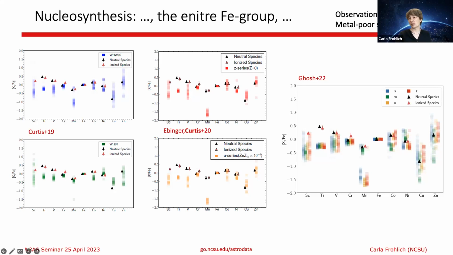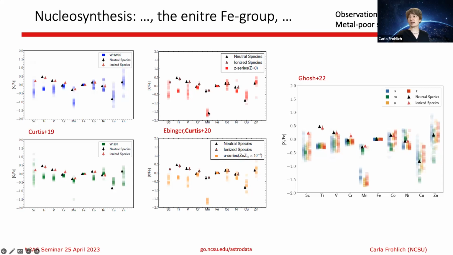So in all of these plots, the left four are DD2 equation of state simulations. The one on the right is SFHO equation of state. The triangles in all these plots are observations. And the squares, each square is one of our simulations. And they're translucent such that if they had all given the same value, for example, like iron that we normalize to, they will give you the full solid color.